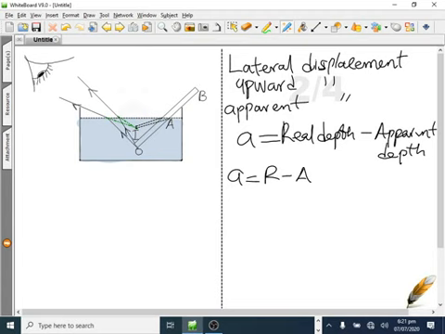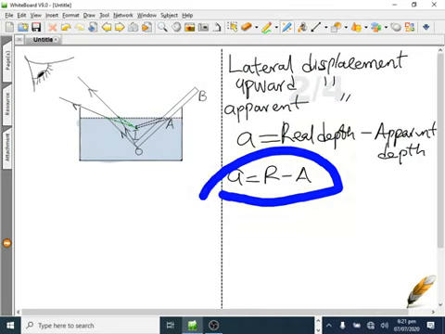You will have your image at I, which is the point of intersection of the two refracted rays of the object inside the water. We also talked about the lateral, upward or apparent displacement, which is equal to real depth minus apparent depth. And you have this as a formula.